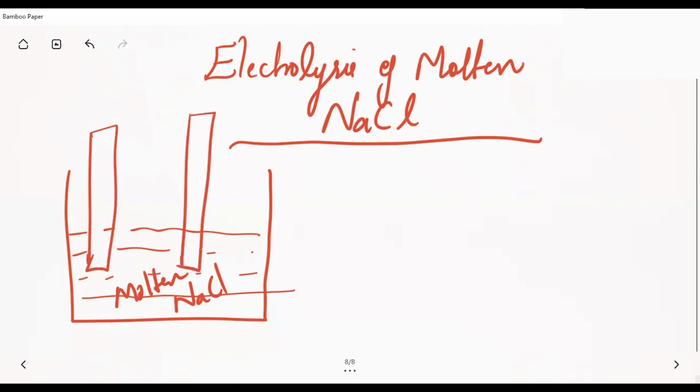Then we have to connect the anode and cathode through a battery, because we have to pass electricity. Then only the reaction will take place. Now, what are the different ions present in molten sodium chloride? Na plus ions and Cl minus ions will be present.